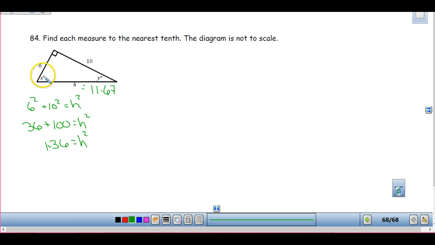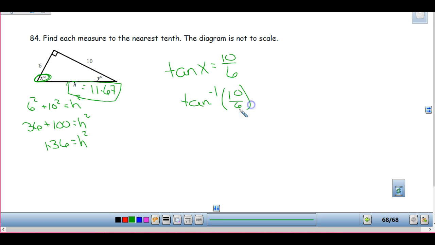Now we need x and y. We didn't have our hypotenuse, so that means we've got to use tangent. So if I'm going to do x first, tangent of x is going to equal opposite over adjacent, or tan inverse of 10 over 6.